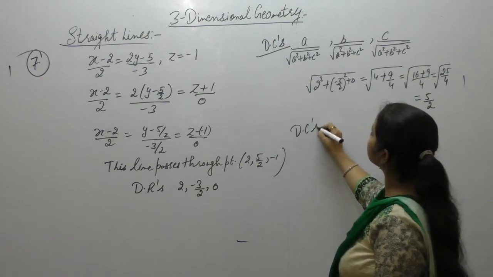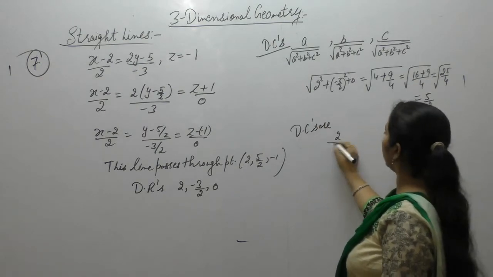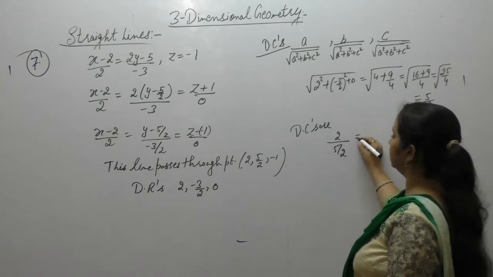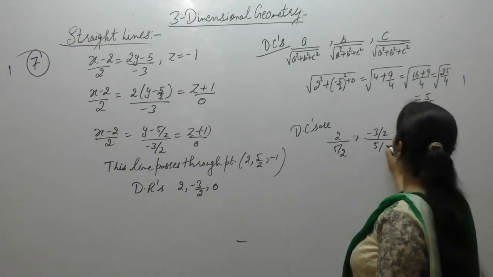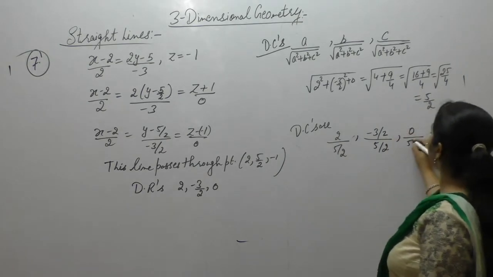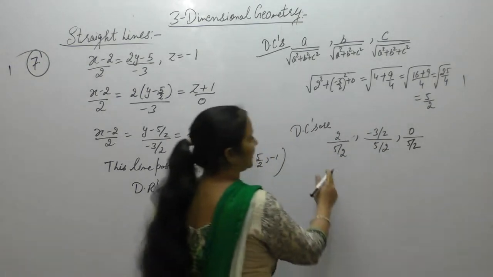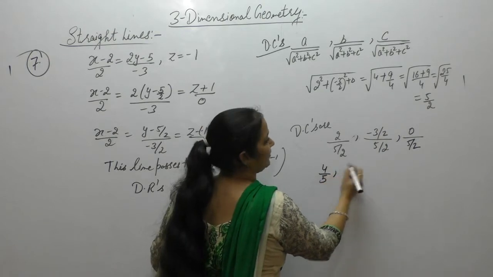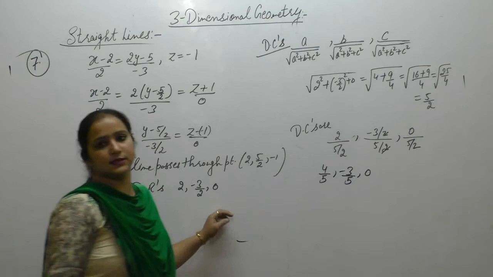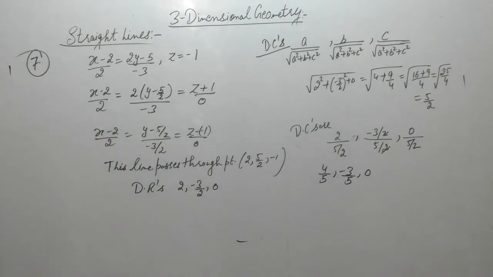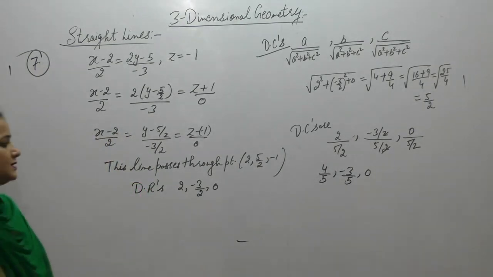So the direction cosines are 2 upon 5 by 2, minus 3 by 2 upon 5 by 2, and 0 upon 5 by 2. So the direction cosines are 4 by 5, minus 3 by 5, and 0.